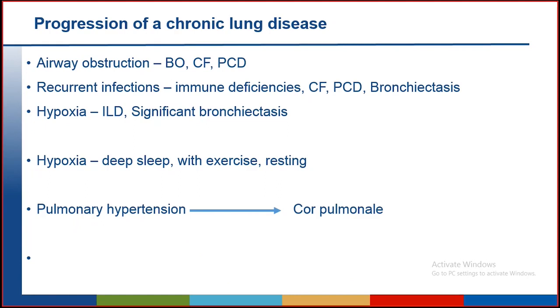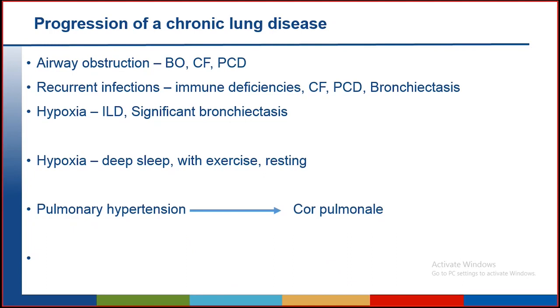So there are conditions with airway obstruction, the disease per se leading to airway obstruction, like bronchiolitis obliterans. As you know, it involves the small airway, some sort of fibrotic changes, peribronchiolar changes, and there are some obstructive changes within the bronchiole. Because of that, the disease itself leads to airway obstruction. Cystic fibrosis, as you know, leads to thick mucus production, and because of this thick mucus, the disease itself causes airway obstruction.